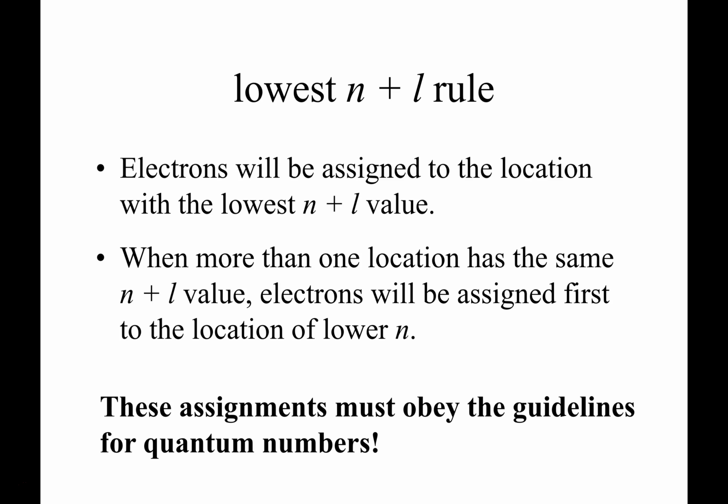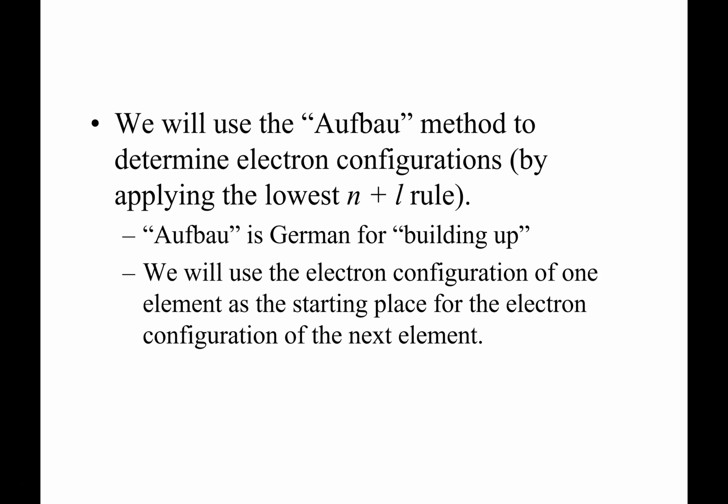And what this is saying, as I've drawn it here with increasing energy, is that the one with the lower n, even though it has the same n plus L value, is going to be lower energy. I have something coming up called the arrow diagram, which I really like, and it helps apply this n plus L rule. So the Aufbau method is German for building up.